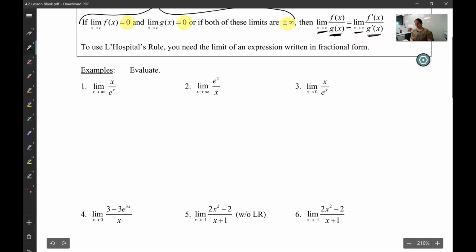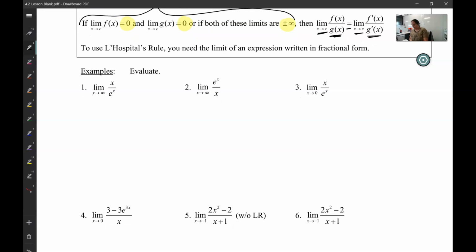So let's practice it on this first one. Now remember, we always need to show our conditions first. So for this one, we need to show that the top and the bottom both go to 0 or both go to infinities. So the limit as x goes to infinity of x, that's infinity.